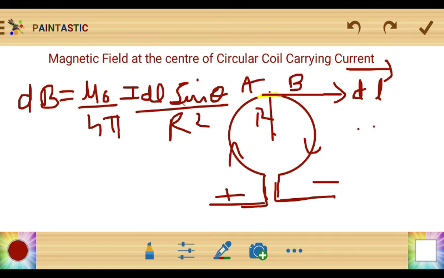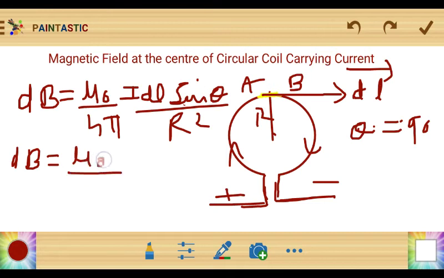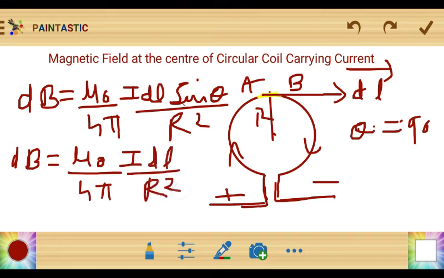The angle between dl and capital R, as you can see, is 90 degrees, as you are aware that the radius, a line drawn from the center, is always perpendicular to the circumference. So here theta is equal to 90 degrees. After putting that value and simplifying, we get dB equal to mu 0 upon 4 pi, I dl upon r square.